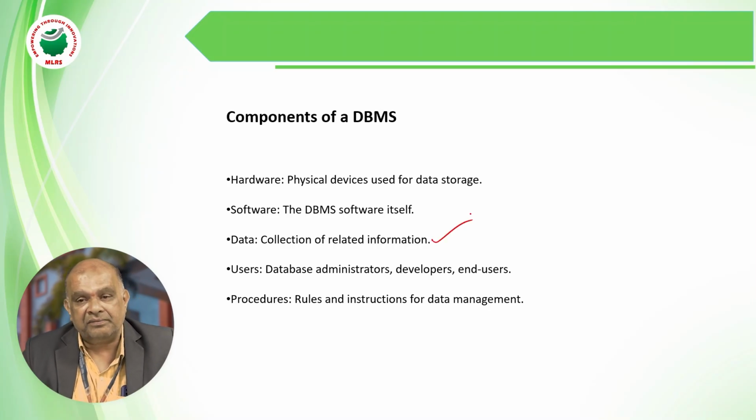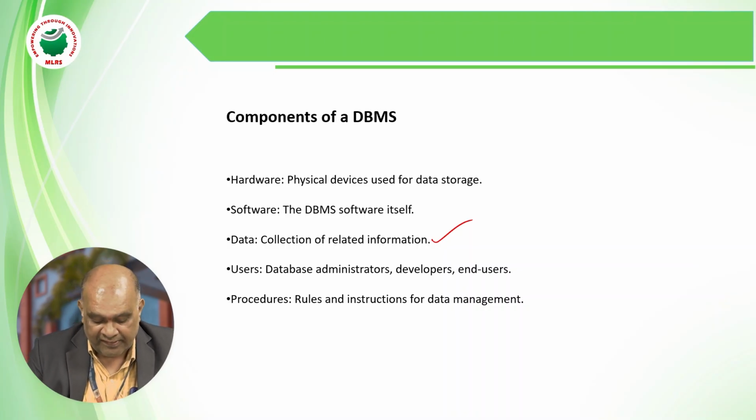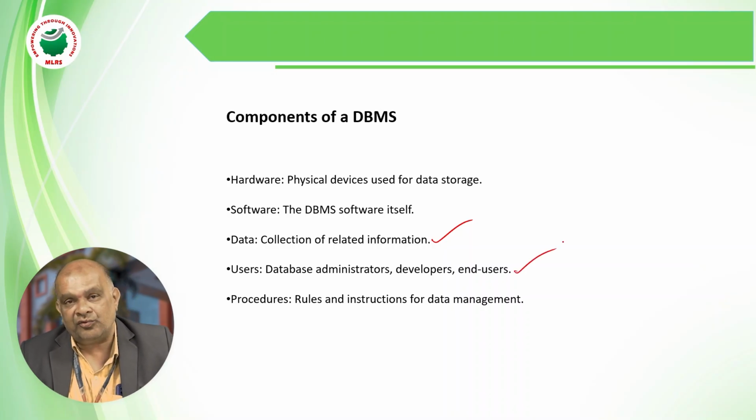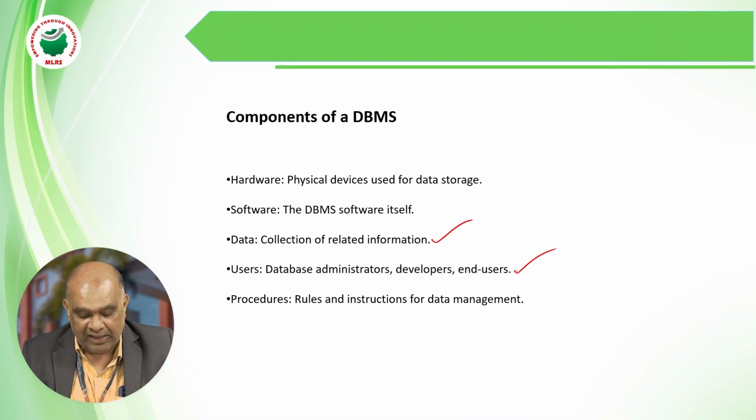Related information means here we are going to discuss the employee table, which has the information about only the employee. So employee ID, employee name, employee salary, all the related information, that is what is called the data. And finally, we are going to discuss the different database users, like the developers, the users, and the database administrator, who is going to take total control of the database and the people who are using the databases.